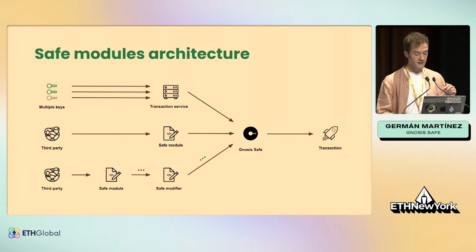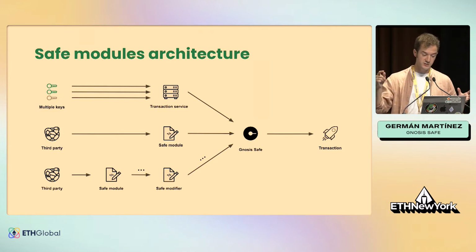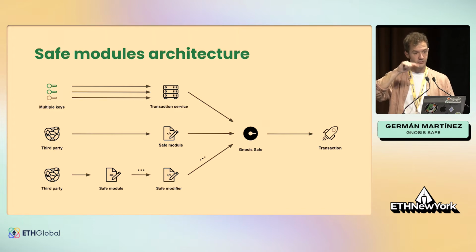We are allowed to chain different Safe modifiers, and when a transaction from a third party is sent to a Safe module, the transaction is relayed. In case we have a complex architecture that is not needed, then we should try to simplify everything as much as possible. But this transaction could go through every Safe module and modifier, having some checks there.